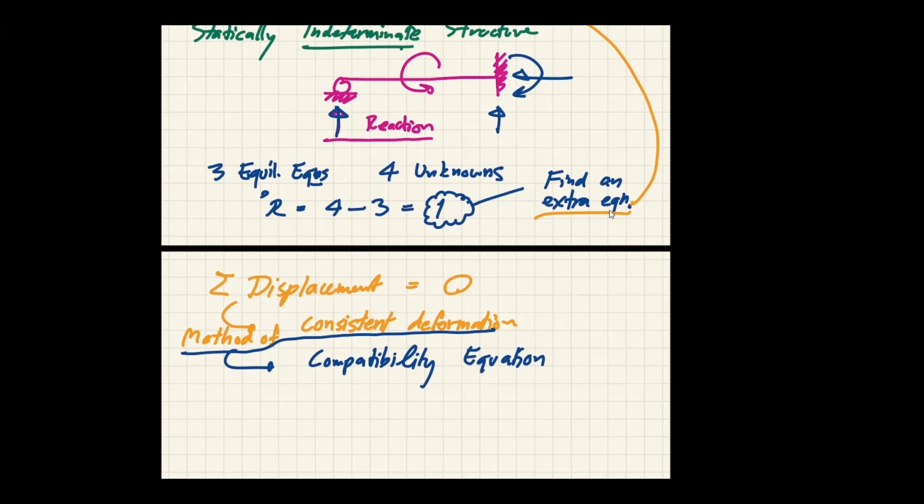Let's say if you can solve the reaction, you now have this is your beam, right? And then instead of writing a support, I have just another force acting on that location. So this is basically a determinate structure now, and you can proceed to finish your analysis once you have obtained this one.